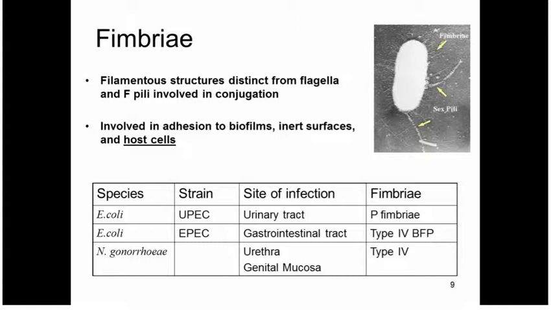So the specificity of the adhesin is determining which site in the body gets infected. Neisseria gonorrhoeae also express a fimbrial adhesin that allows them to bind to the urethra and the genital mucosa. Other types of Neisseria which do not express this adhesin will not be able to establish an infection at these sites. So the adhesin is an important virulence factor.